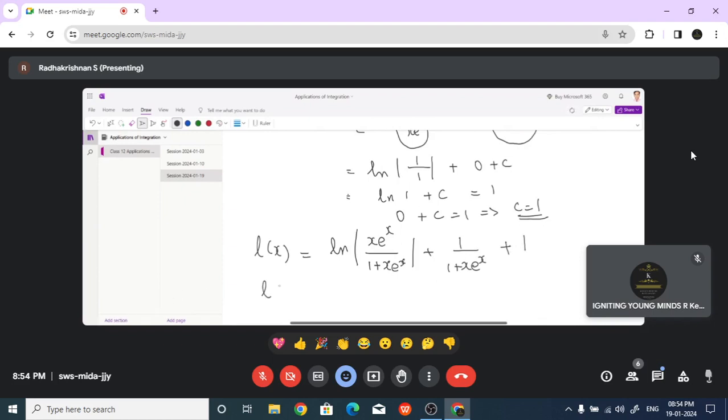Now what is L of 1? Put x equal to 1. The numerator becomes e, divided by 1 plus e.